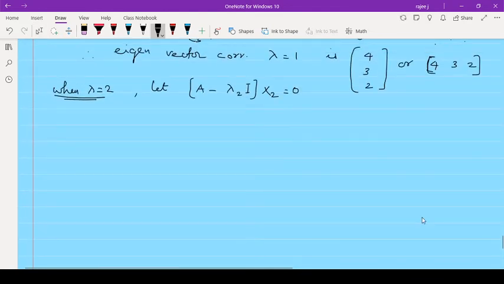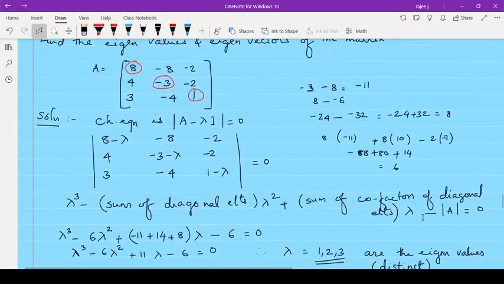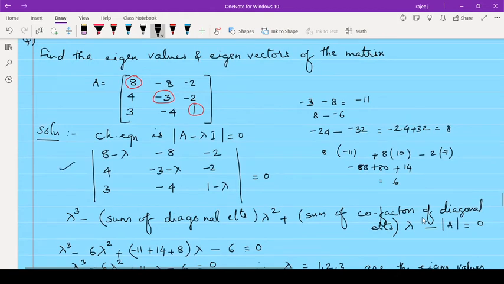So now for lambda equal to 2, you will get the matrix. Here what we have to do is subtract 2 from each diagonal element.